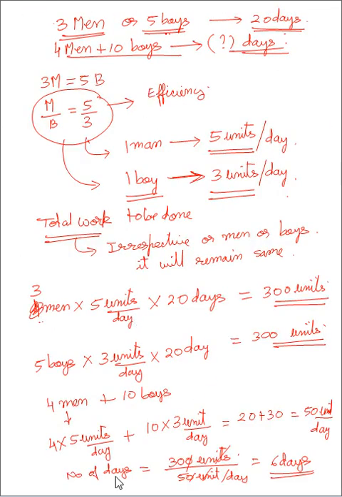Okay, let me show you one more method for the same example, and we will get the same answer, that is 6 days. Let me write the data again on the next page. So here the data is 3 men or 5 boys, and they need 20 days.